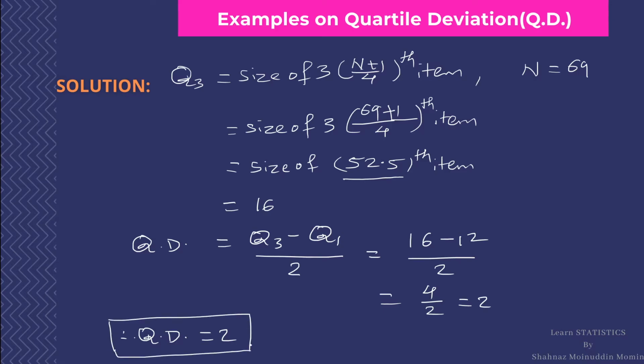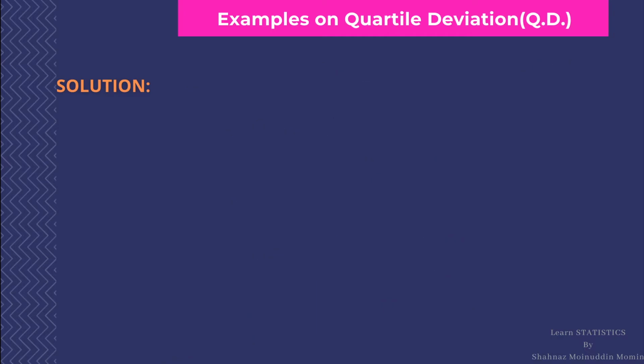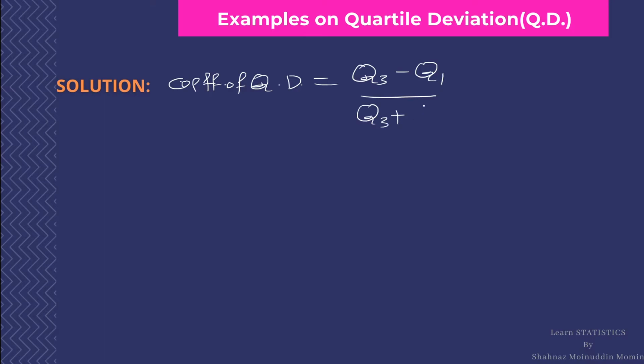Now we will obtain the value of its relative measure, known as coefficient of quartile deviation. Coefficient of quartile deviation is given by (Q3 minus Q1) divided by (Q3 plus Q1).